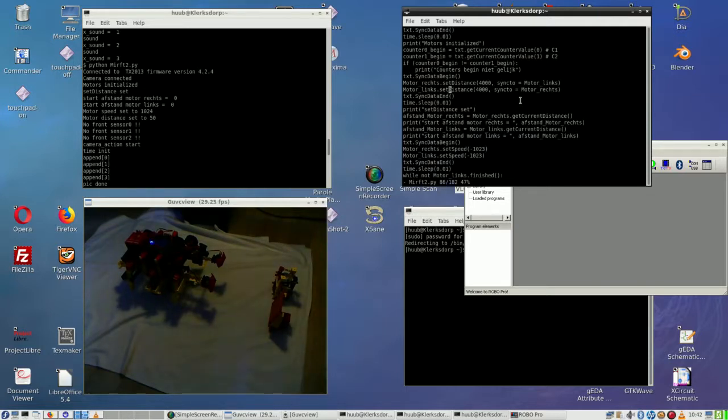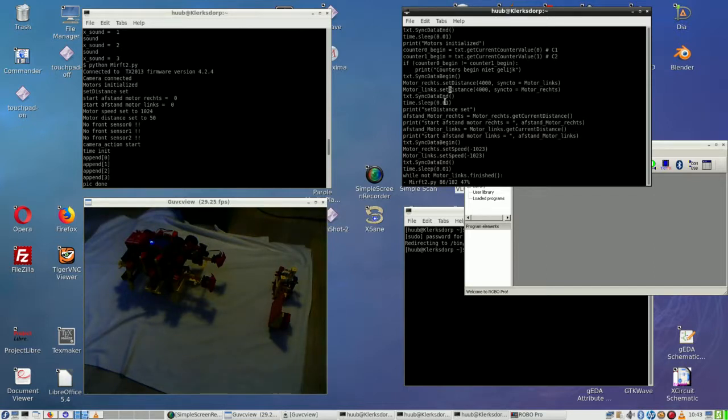I don't care what unit it is. But I am told that set distance, or distance anyway, is counting down until it has counted 4,000, in this case 4,000 whatever, down to 0. When it has come to 0 it stops, because then the distance has been covered.